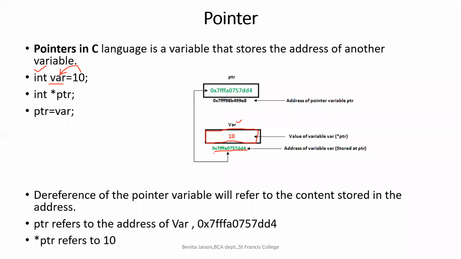It is allocated in the memory. The address 0x7FFA is the address of the variable called var. When we assign a value 10 to the variable var, it will be assigned to the space given for the variable var in this address location. Right? This is direct assignment.